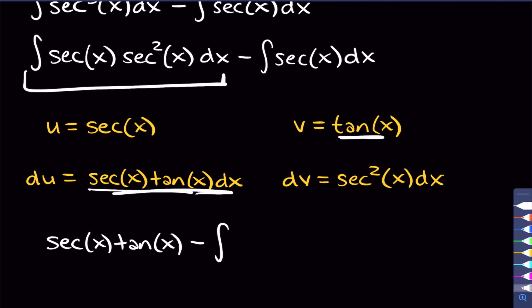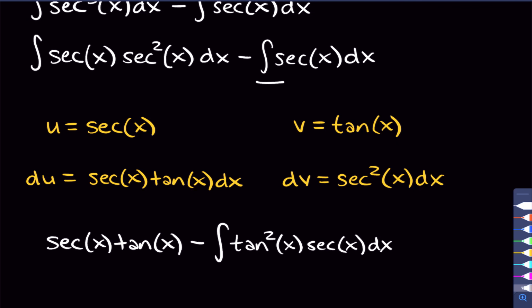And if I multiply those two, I can write this integral as tangent squared times secant of x dx. And then after we do all that integration by parts, we got this integral of negative secant x.